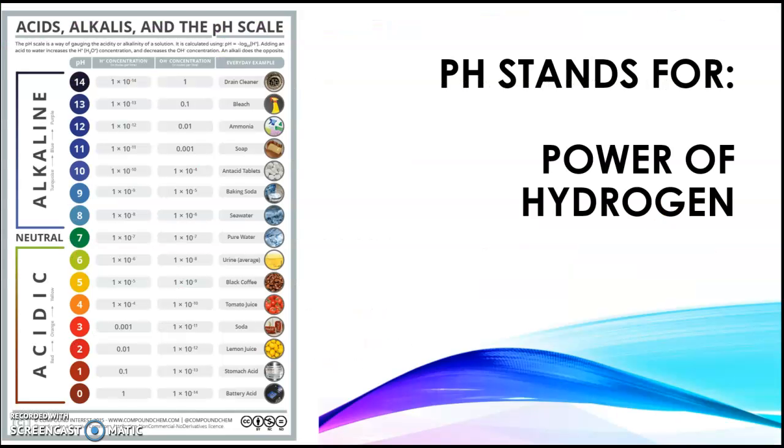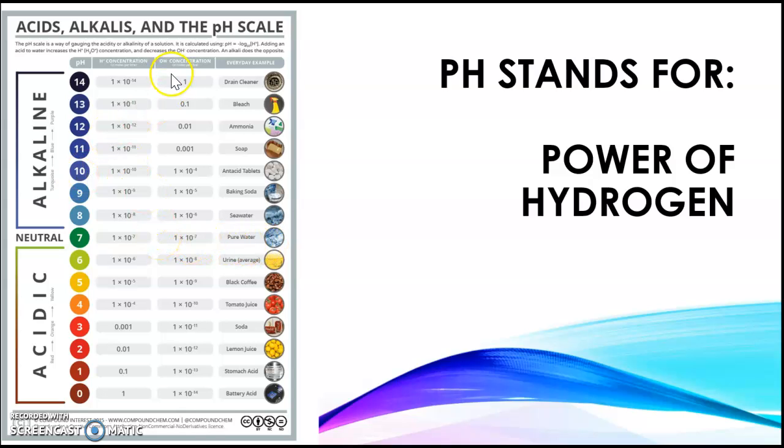All right. So pH. pH stands for power of hydrogen or power of hydronium ions. The pH scale runs from 0 to 14. A pH of 0 would be a very strong acid. A pH of 7 would be a neutral substance like salt or pure water.